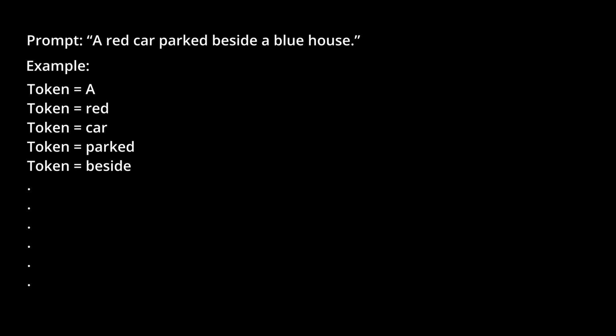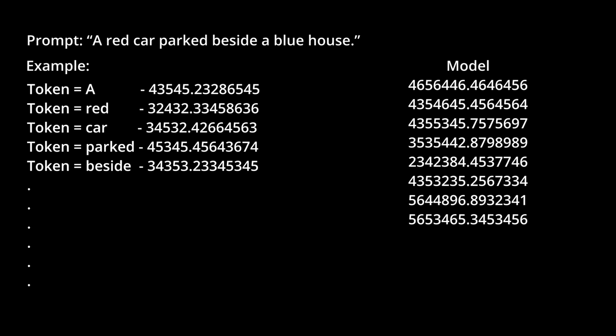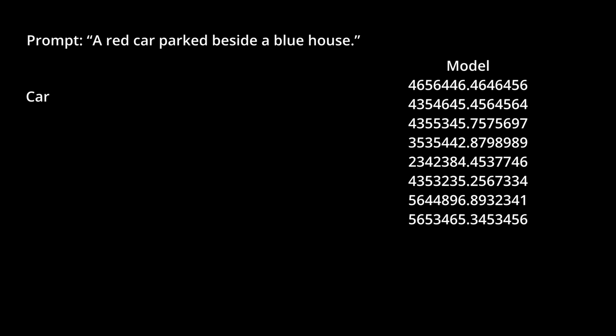Imagine the prompt is a red car parked beside a blue house. The model represents the input words, or parts of words, as tokens. It then creates numerical representations for these tokens. Inside the model, it has representations for many pieces of information. So in our example, when processing car, attention allows the model to determine that the car and the color red are strongly related because red describes the car.